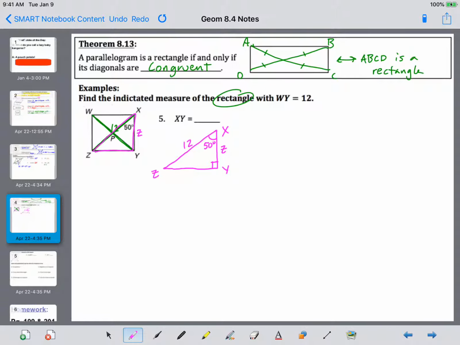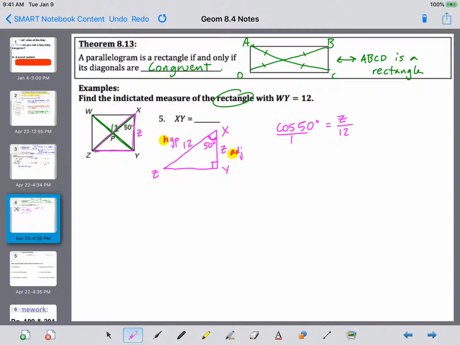So all that trigonometry that we learned in chapter 7 is still going to be useful. So I'm noticing that this 12 here is the hypotenuse. If we focus on this 50-degree angle, Z is adjacent to that 50-degree angle. So if we have adjacent and hypotenuse, that's cosine. We can set up cosine of 50 degrees is equal to our adjacent over our hypotenuse, Z over 12 in this case.